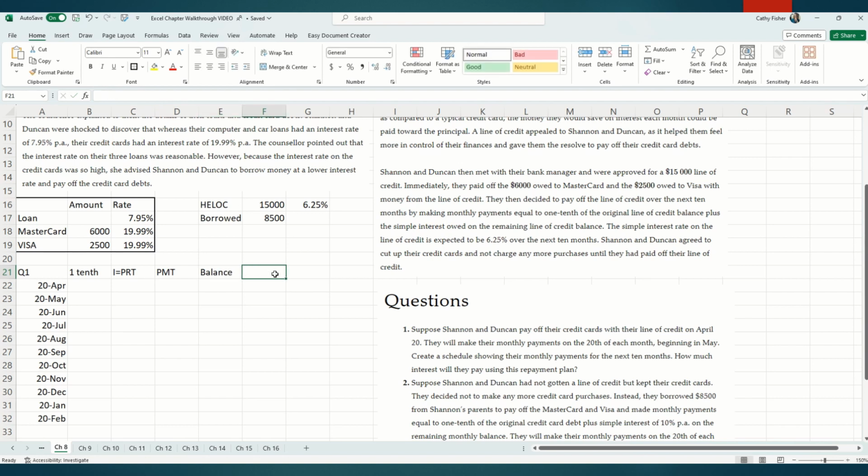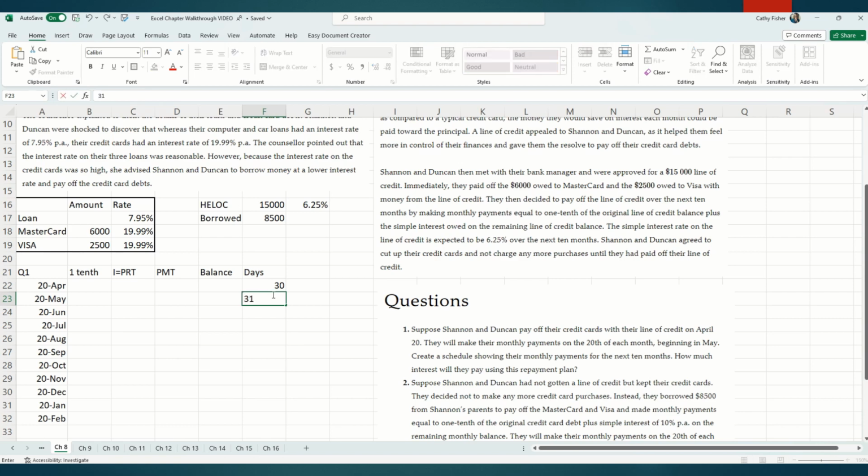And because we're working with simple interest, we're going to be working in days. So we're just going to figure out what our days are. So between April and May 20th, because April has 30 days, that's the value we're going to be using. So we'll just figure out how many days are in each month, and it's probably the easiest way to do it.